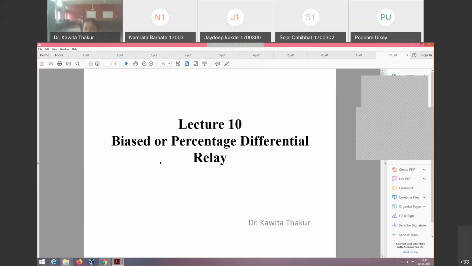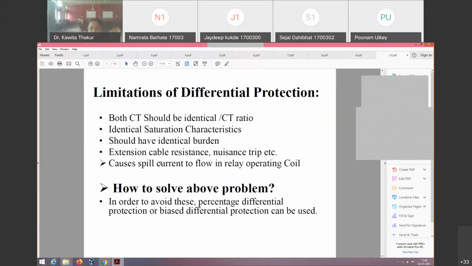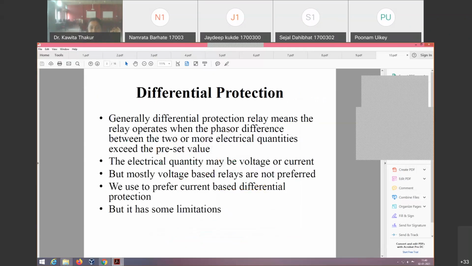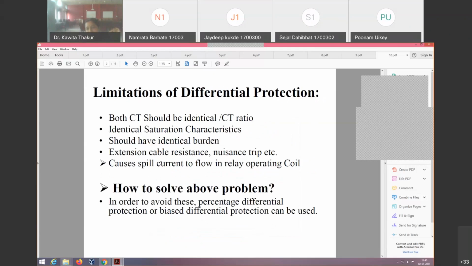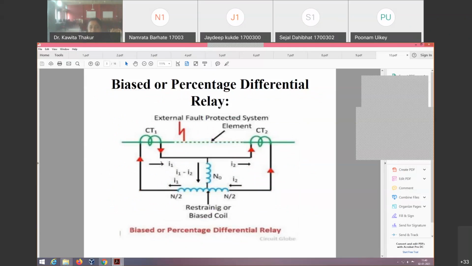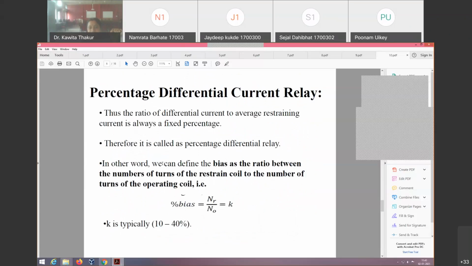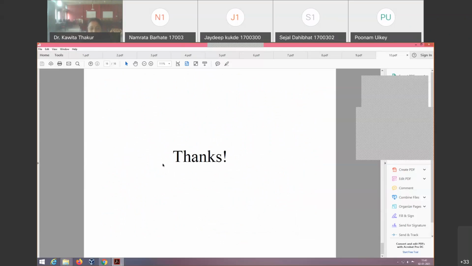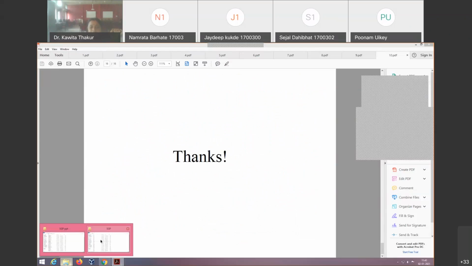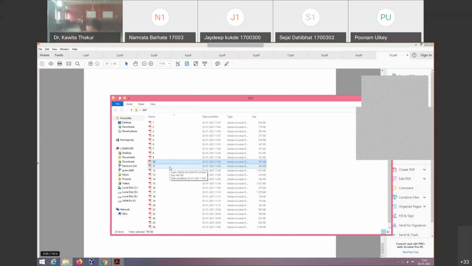Because there is a CT mismatch, we have to minimize the spill current in the relay operating coil, so we are using the percentage differential relay. What the limitation is and how we can overcome the problem, that we have studied in our 10th lecture: percentage differential protection or bias differential protection.